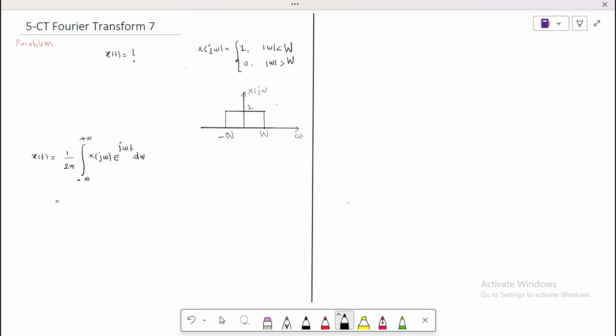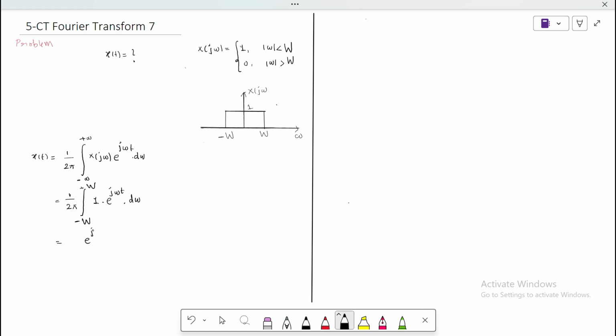It has magnitude only from minus W to plus W; these are the limits for omega. In the remaining region the function magnitude equals 0. So from minus W to plus W, X of j omega magnitude equals 1, into e power j omega t d omega. We're doing the integration with respect to omega.